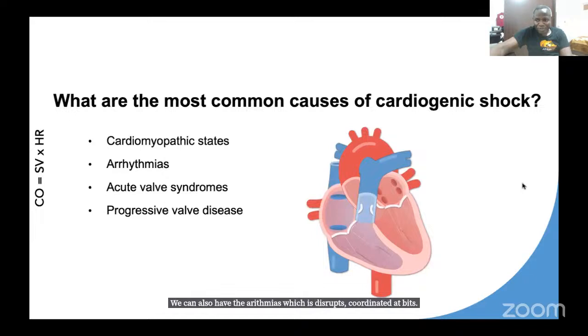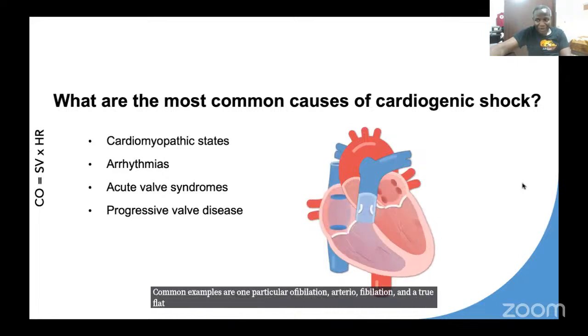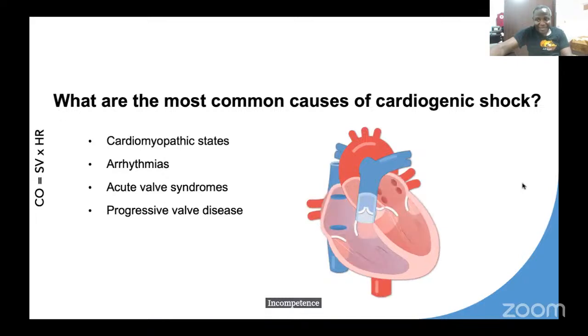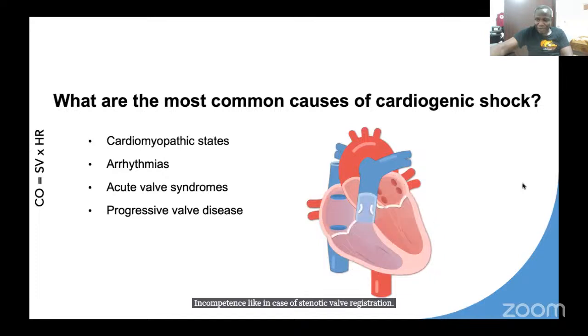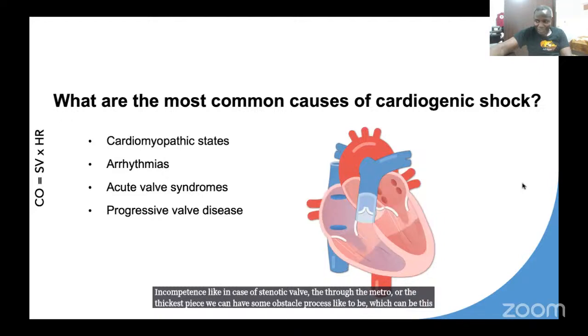Common examples are ventricular tachycardia, ventricular fibrillation, atrial fibrillation, and atrial flutter. We can also have valve incompetence, like in the case of a stenotic valve, or regurgitation through the mitral or the tricuspid. We can have some obstructive processes, which can be discussed in the next session.